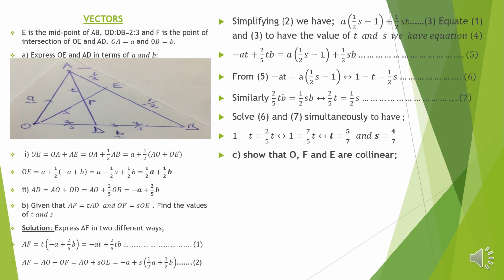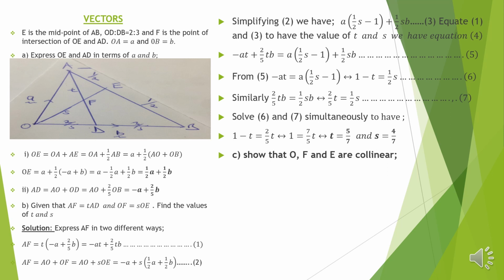Now, the C part of the question was to show that O, F, and E are collinear. Collinearity simply means that you show the 3 points lie on a straight line. If you are to show 3 points lie on a straight line, the first step is to form two vectors. Then after forming the two vectors, you need to show that those two vectors are parallel. And how do you do that? You show that one of the vectors is a multiple of the other.